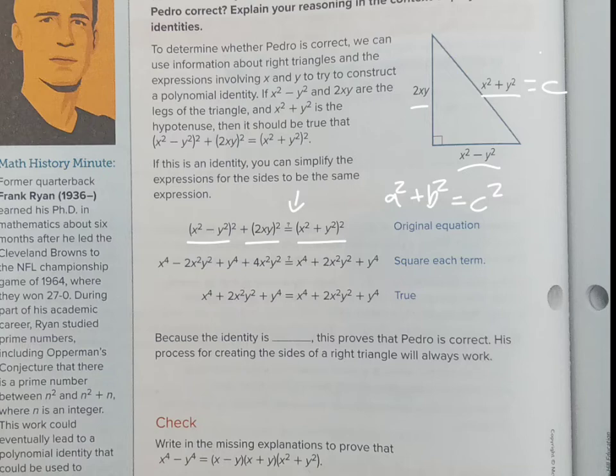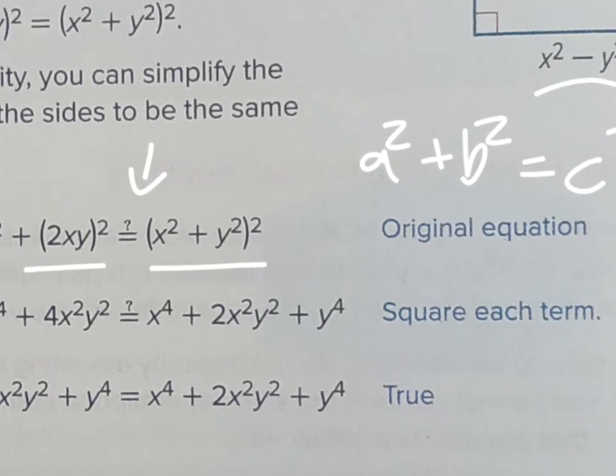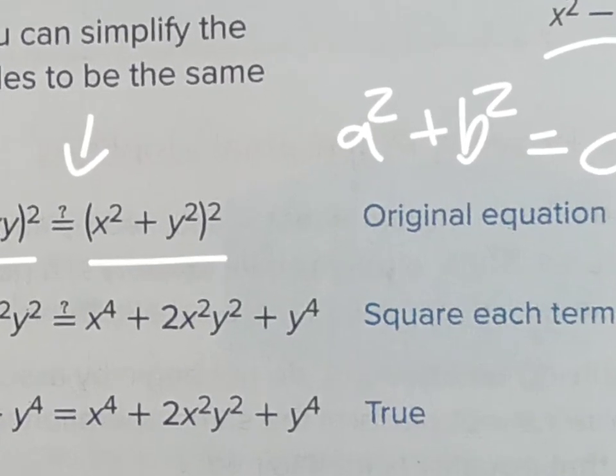Okay, and so how do you square something? Let's just look at the right-hand side. You times it by itself, right? So then you would do this. And then we FOIL.